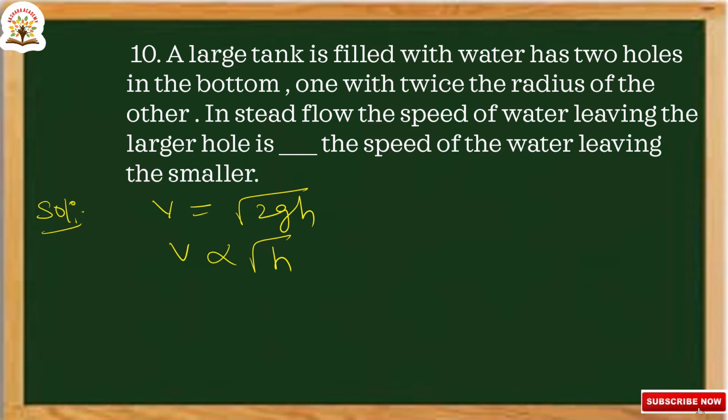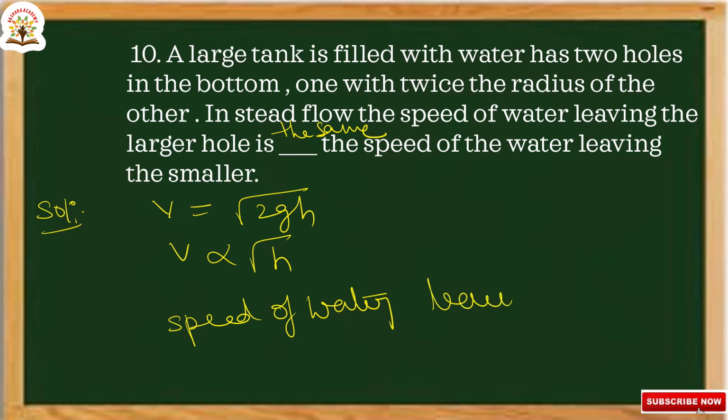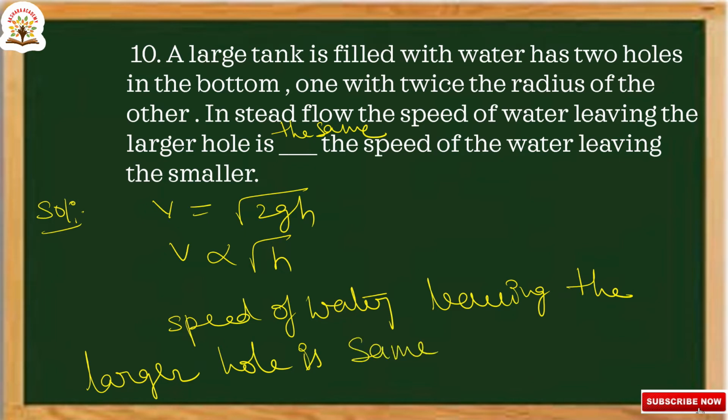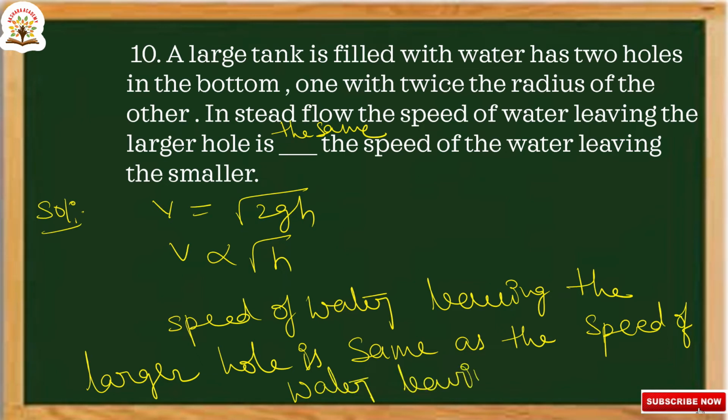So, that is why the speed of water leaving the larger hole is the same as the speed of water leaving the smaller hole. Both are equal. So, finally the answer is both are the same.